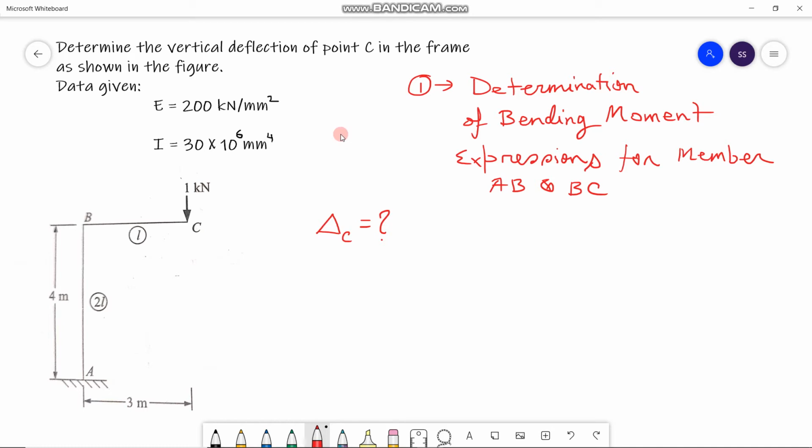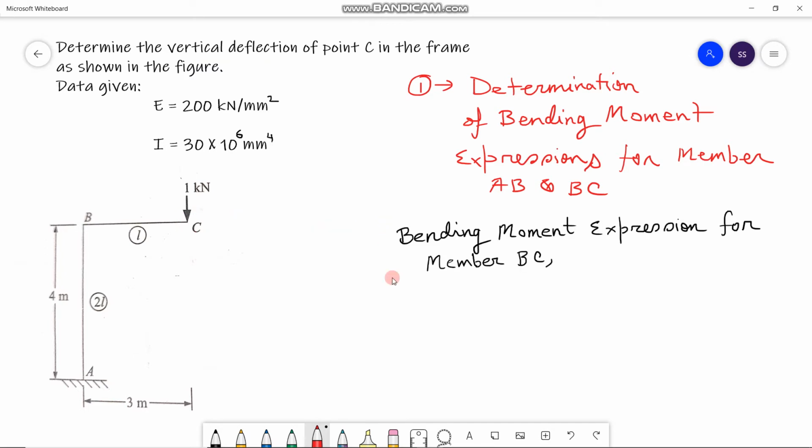Before further proceeding, let me remind you that here we will be calculating the vertical deflection at point C. In order to calculate the bending moment expression for the member BC, first let us put a section XX which is situated at a distance x from the point C, and we have the bending moment Mx with respect to section XX equal to 1 into x, that is x.